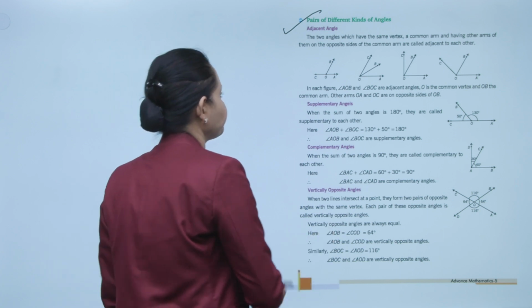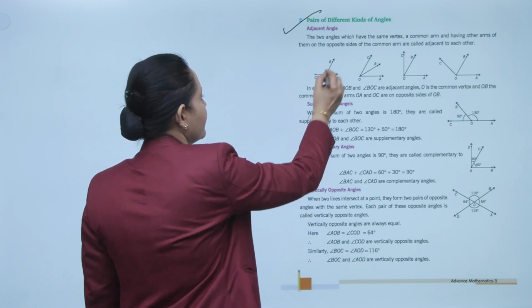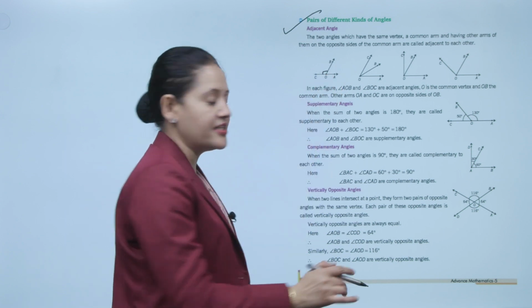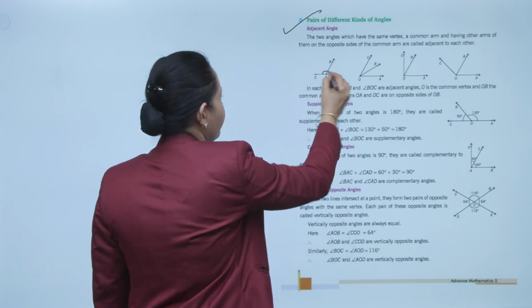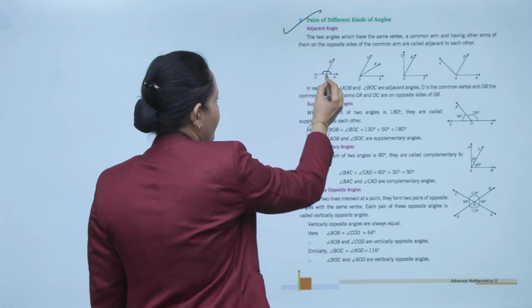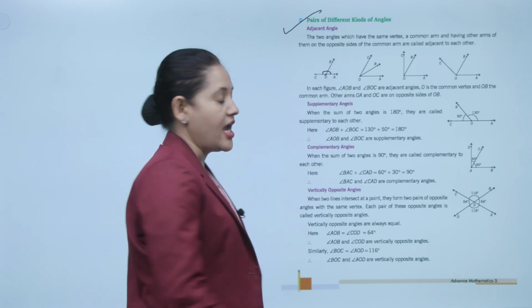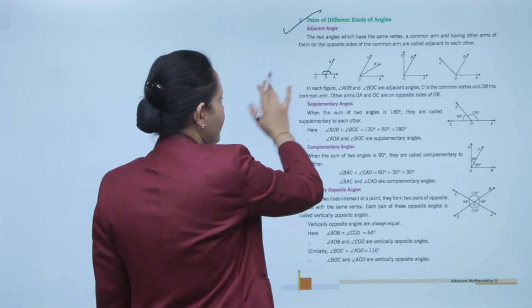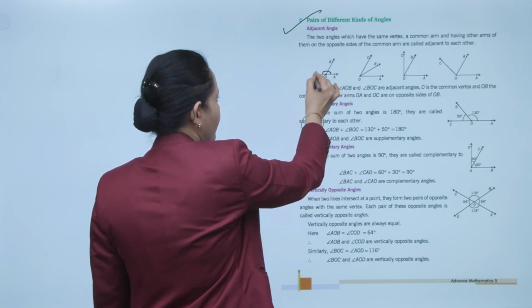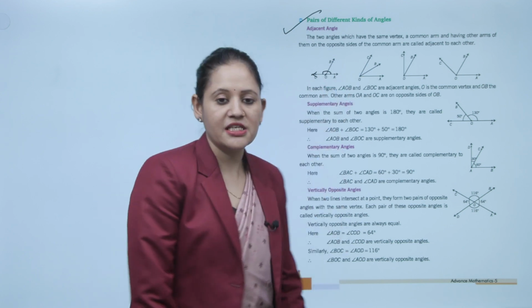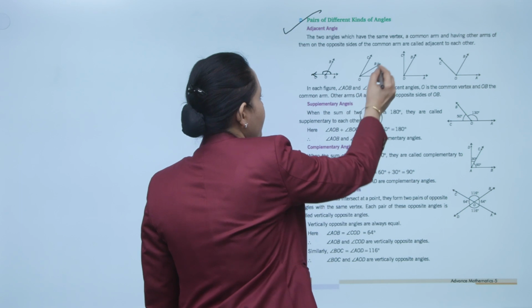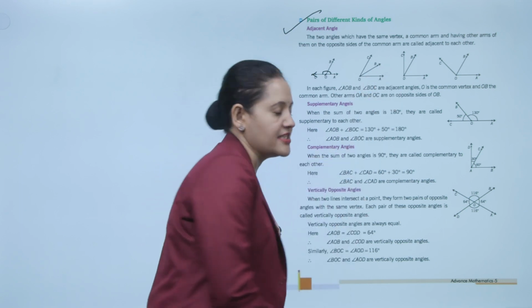Like here, two angles, BOC and the other is BOA. They share the common vertex, that is O, and common arm, that is OB, and the rest two arms are on opposite sides. So these are called adjacent angles. Here COB and BOA, these are adjacent.